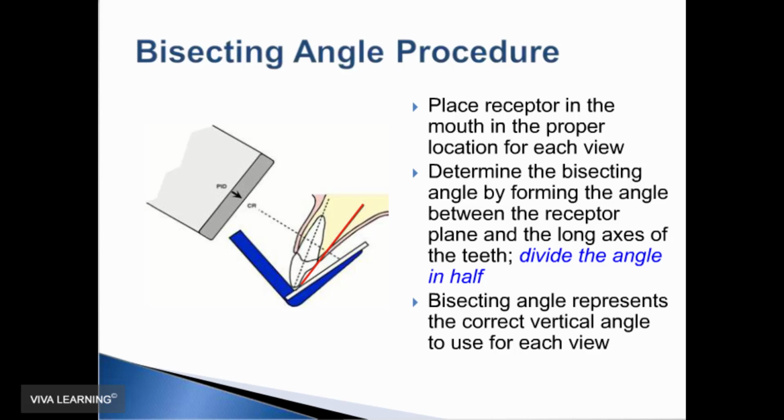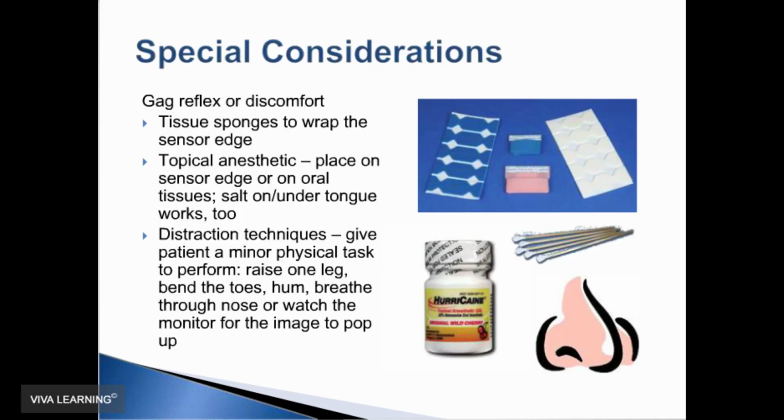With bisecting angle technique, again, we talked about the angular formation between the tooth long axes and the receptor, and you're trying to divide that in half. The bisecting plane will control the length of the receptor. If you're too close to the long axes, it will be elongated. If you're too close to the receptor, it will be foreshortened. So remember, it's a compromise between the two.